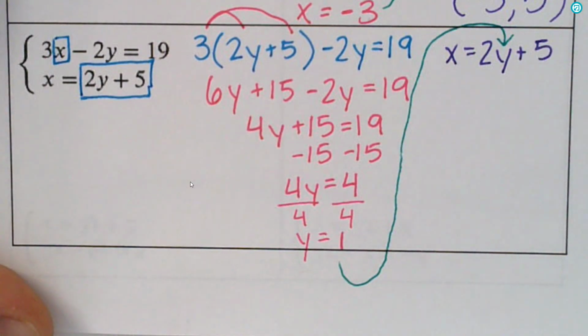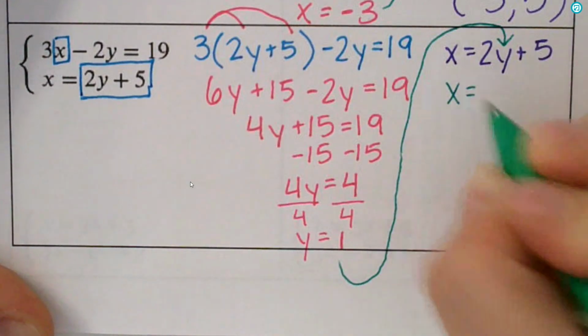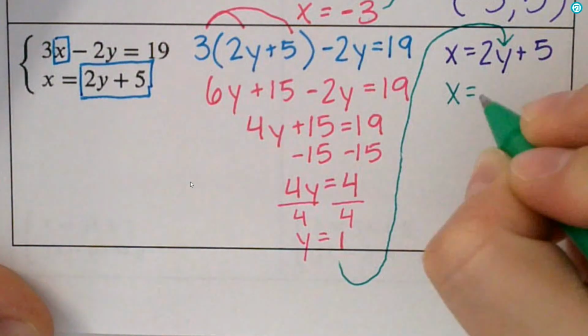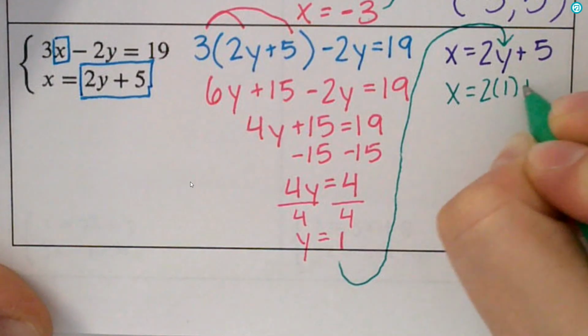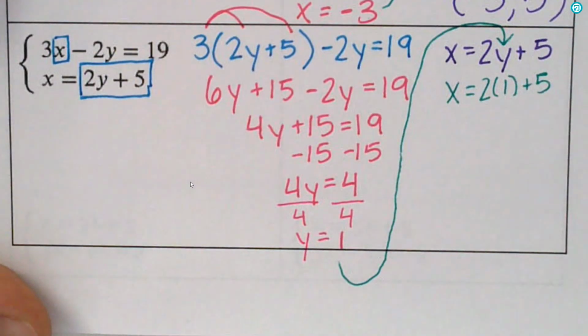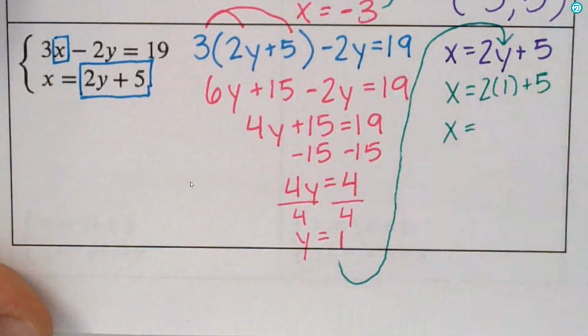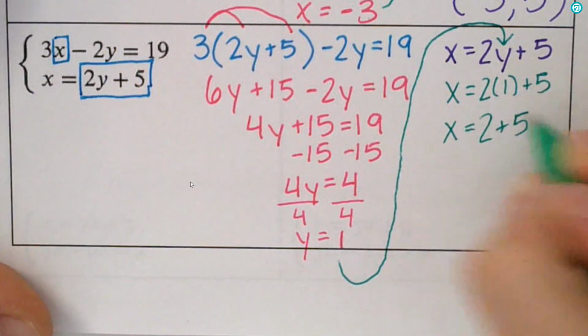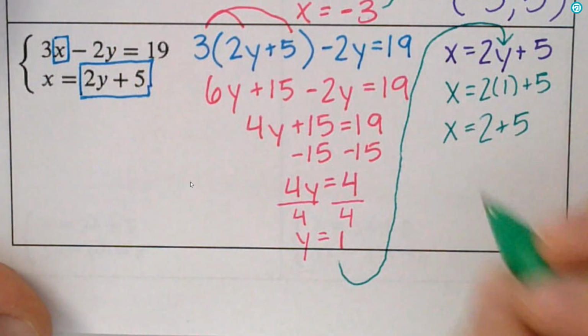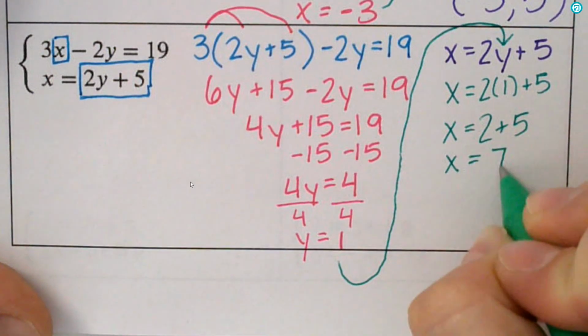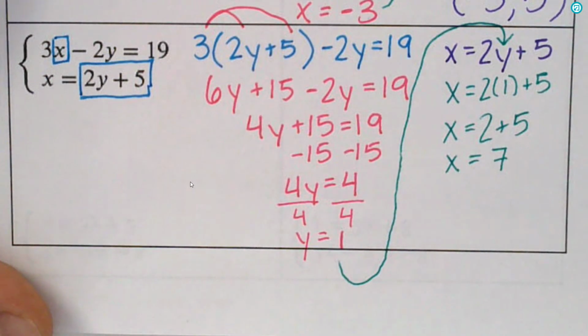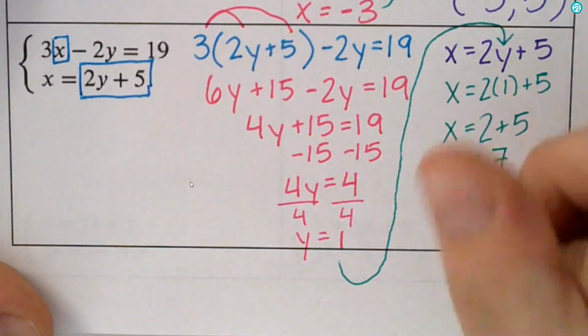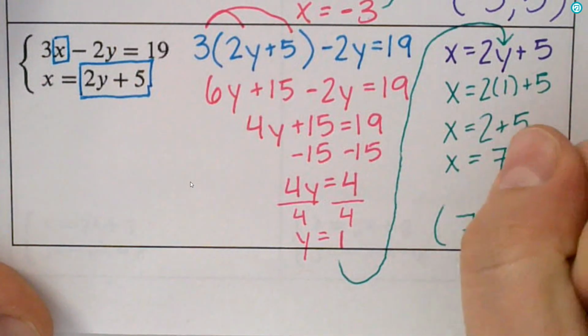So we will have x equals 2 times 1 plus 5. Two times 1 is just 2. So now it's 2 plus 5, and 2 plus 5 is 7. So we get x equals 7. And we can write this as an ordered pair: (7, 1).